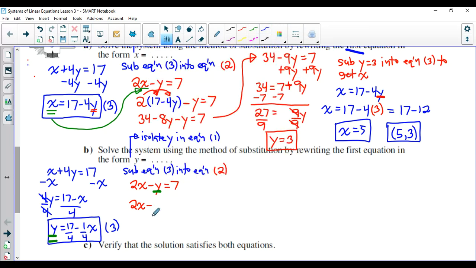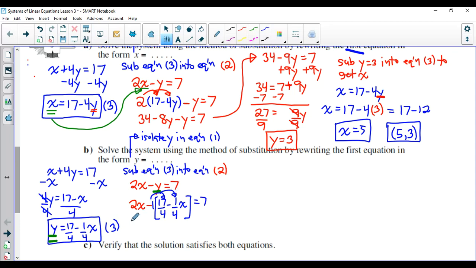In brackets, we're going to replace y with 17 over 4 minus 1 over 4x. And that's going to be equal to 7. Now, when you subtract an expression, you can pretend like you have a negative 1 here. So to apply the distributive property, we just multiply both terms here by negative 1.